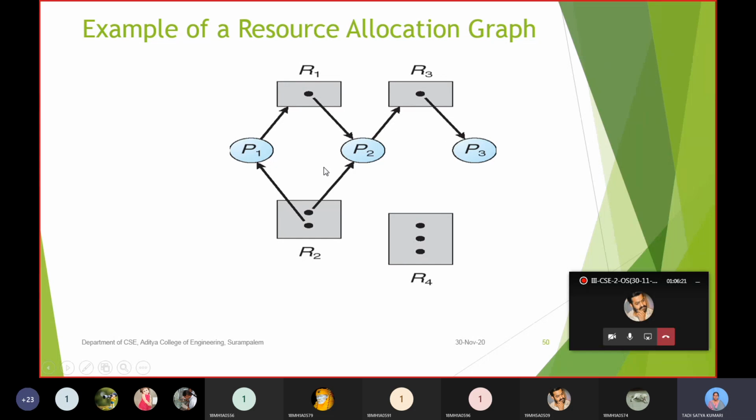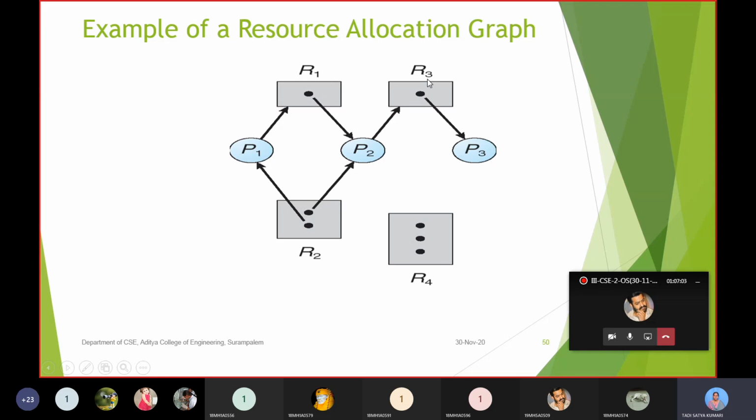Some request and assignment edges are already there in this graph. Process P1 is requesting R1, so there is an edge between P1 and R1. The resource R1, which has only one instance, is already allocated to P2, so there is an edge from resource R1 to process P2. Next, there are two instances of R2: one is allocated to P1 and one is allocated to P2, with two directed edges.